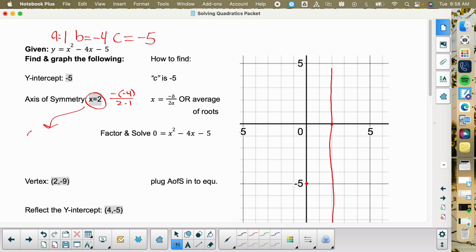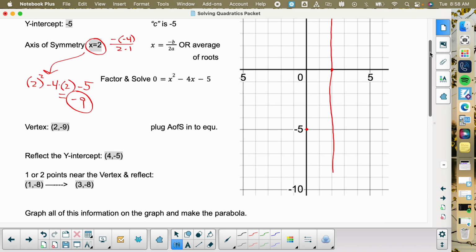So I'm going to do 2 squared minus 4 times 2 minus 5, and that gives me an answer of -9. So once I know it's -9, I'm going to go to that height on the line we just drew. -9 is way down here. That's going to be the vertex.